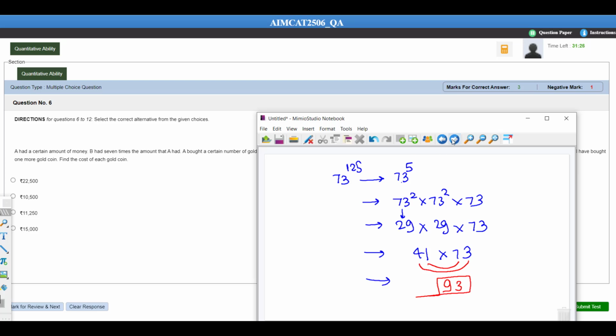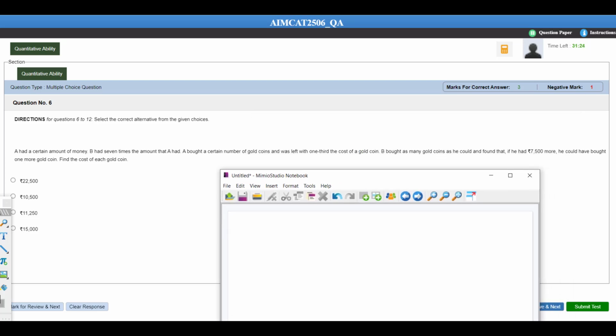Let's take the cost of one coin as 3x, and A bought y coins.